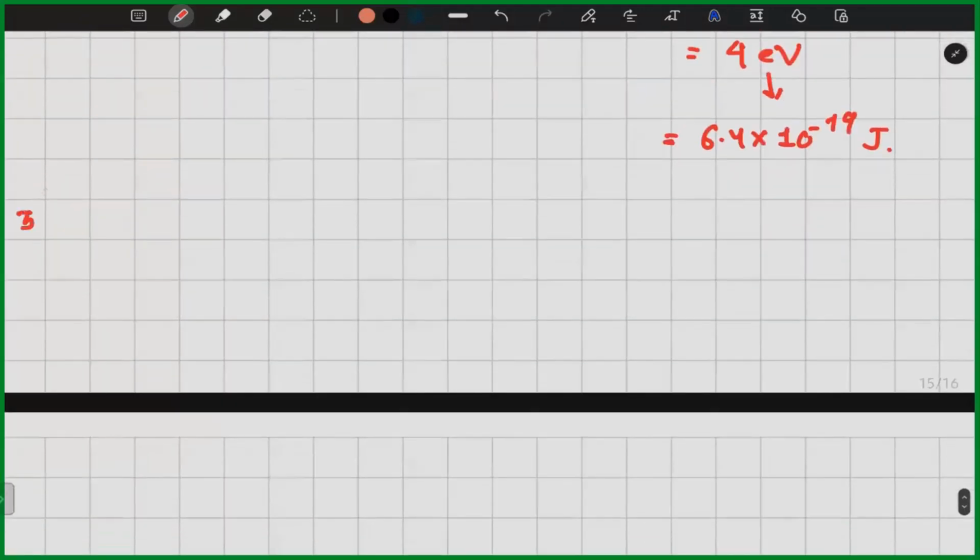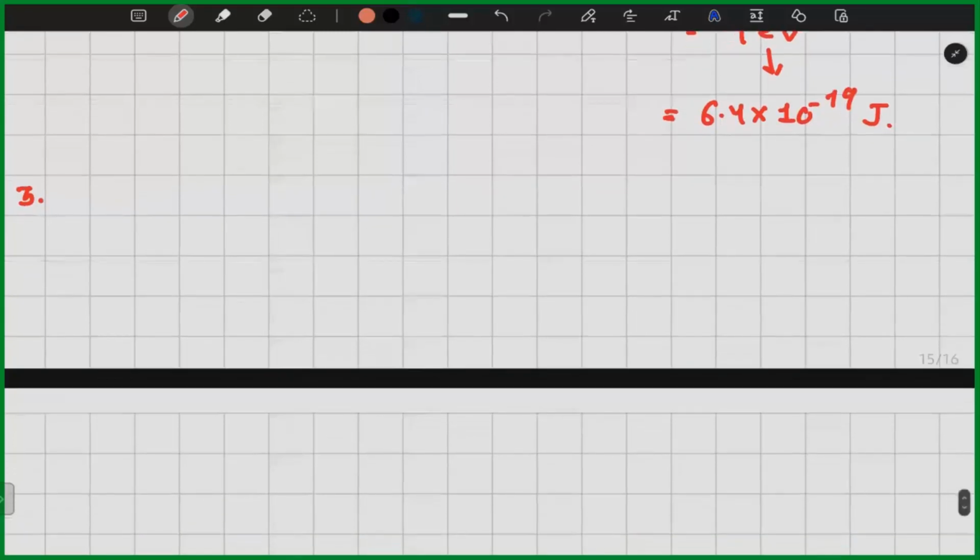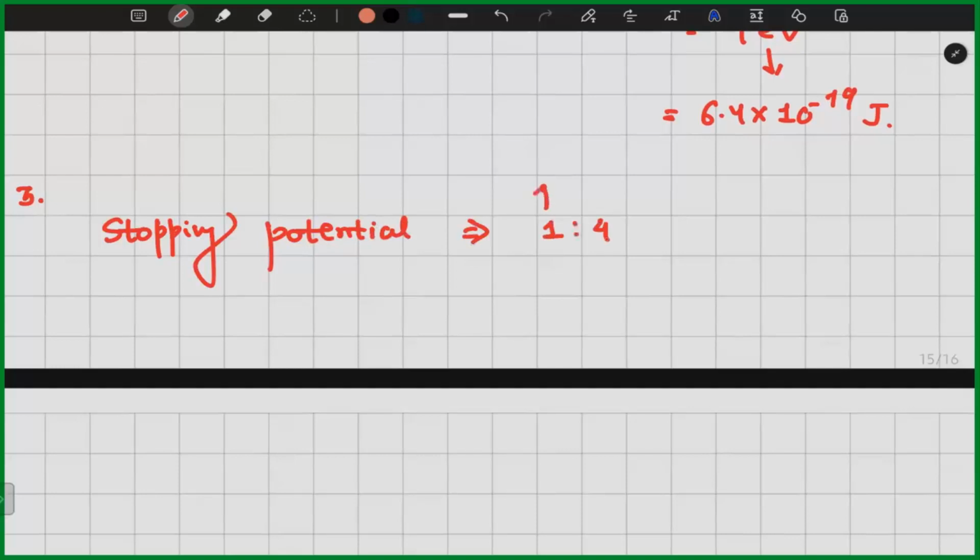Okay, the third question. They said that the ratio of the stopping potentials for light of two different frequencies is given. Let's say these are nu 1 and nu 2, two different frequencies.